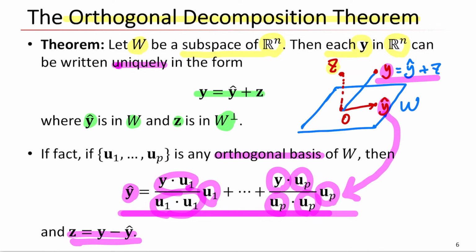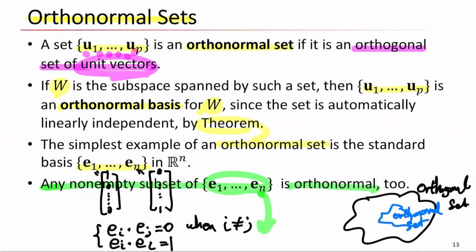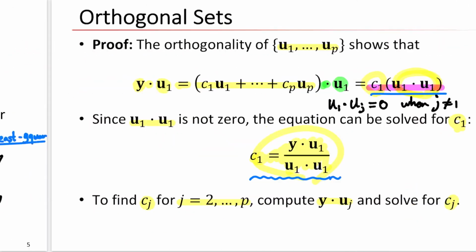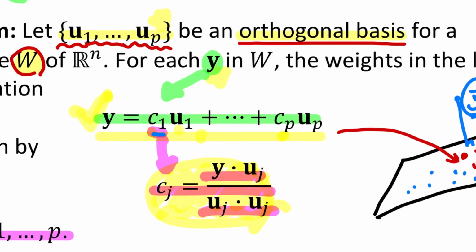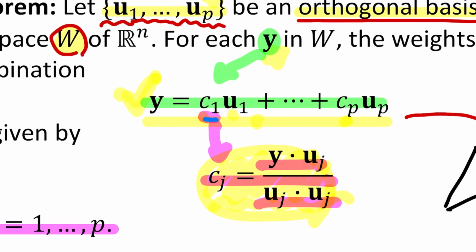So if you go back to our lecture 9.2, there was a similar theorem, right? In that case, each y in the W space can be represented with u1, up, and y.